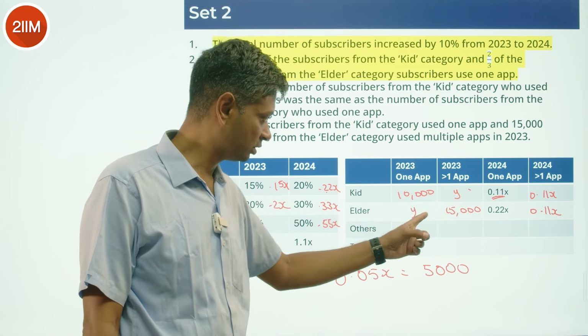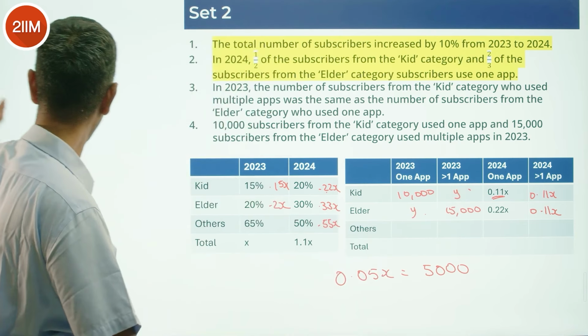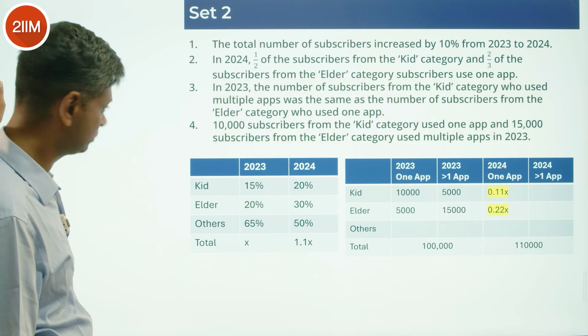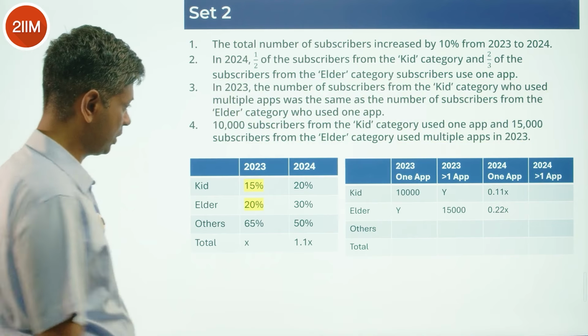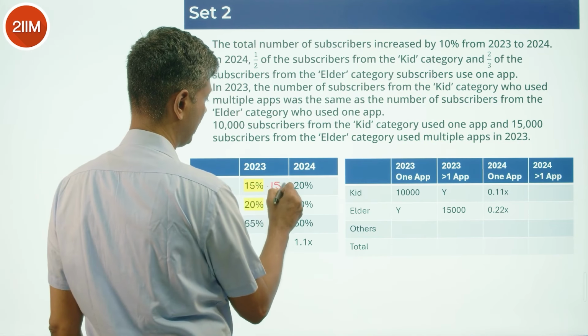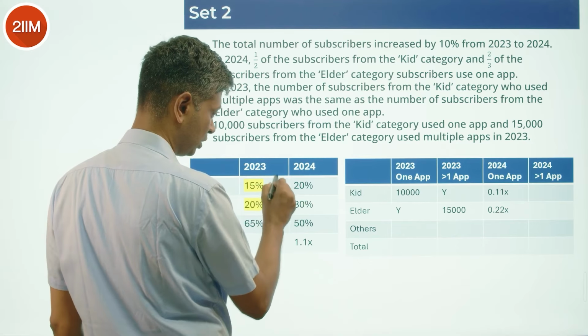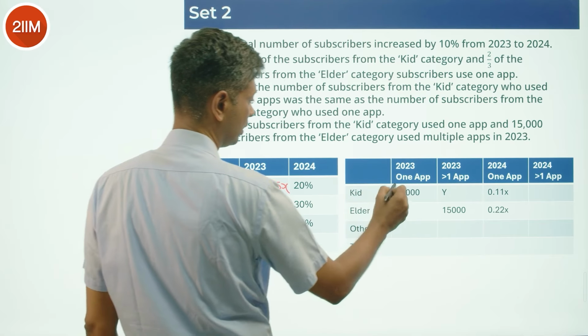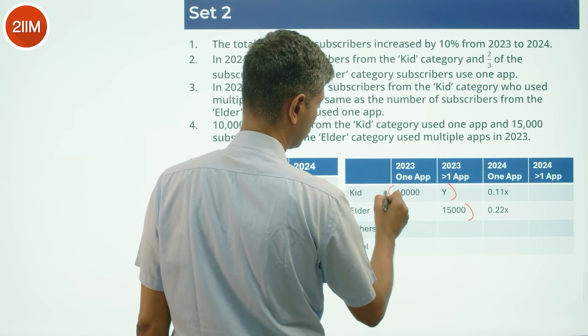This should be 5,000. Okay, done. We can fill everything else after that. The crucial equation is this is 0.15x, this is 0.2x. This to this, the increase is 0.05x. This is 10,000 plus 5, this is 15,000 plus 5.